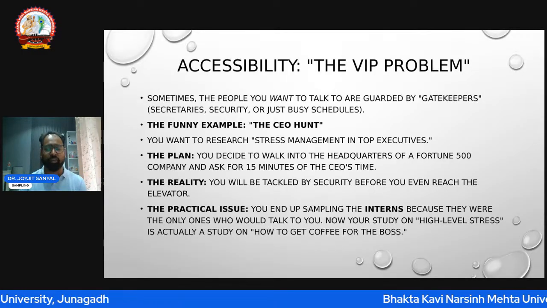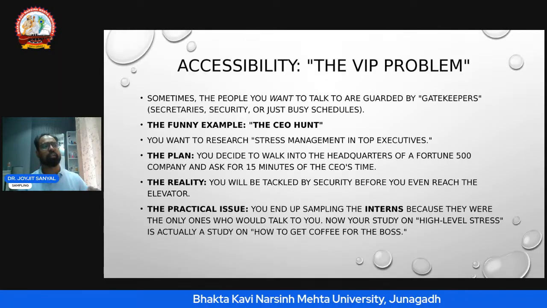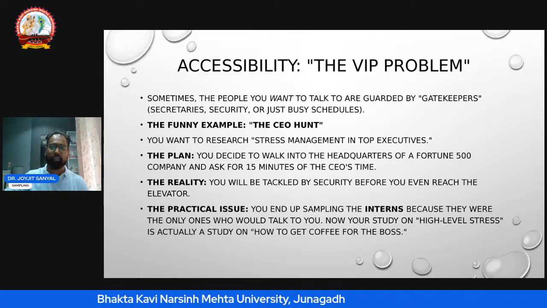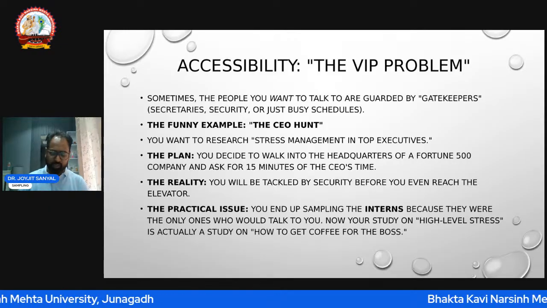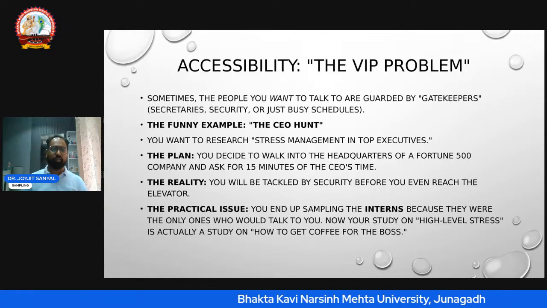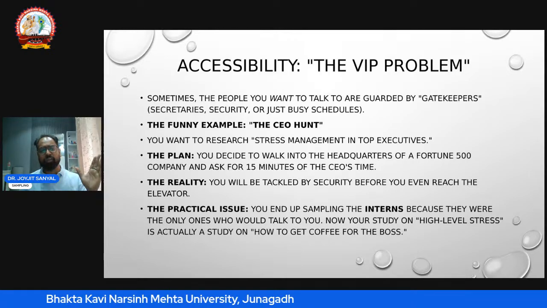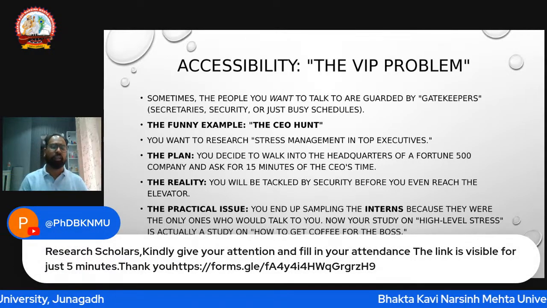One of my research scholars, around 2 years back, was conducting a study on stress management, since the stress management thing has come up over here. So she was collecting data from the oil refineries. You know that Assam has a lot of oil refineries. There is one oil refinery here at Bongaigaon, the Oil India Limited's refinery.